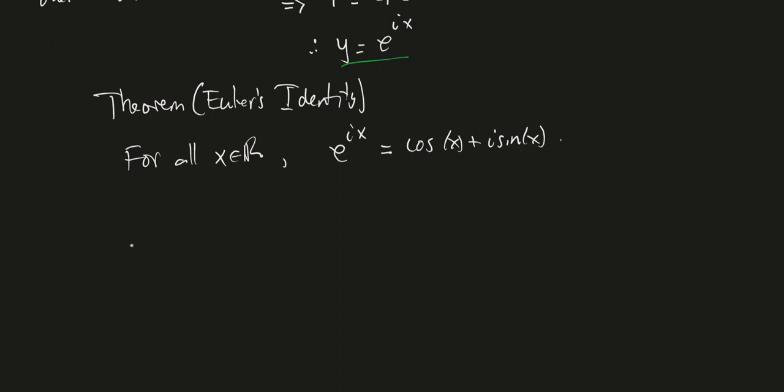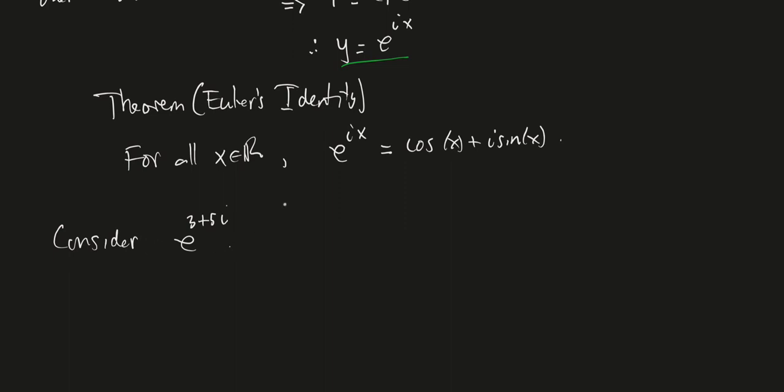So for instance, now let's look at something like, let's say we had e to the 3 plus 5i.